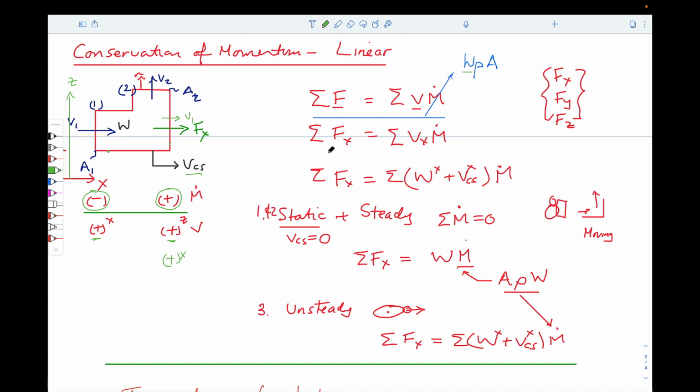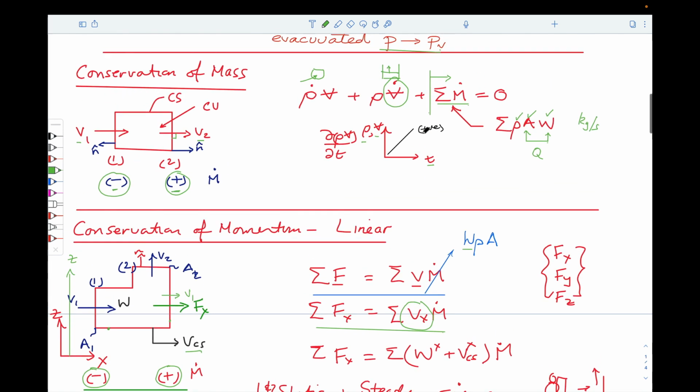Typically, we take one of them because we only deal with one at a time. So if we resolve in the x direction, we have this one equation here, which looks at forces in the x direction and velocities in the x direction. And because this is an inertial reference frame, this velocity is a static velocity in the x direction.